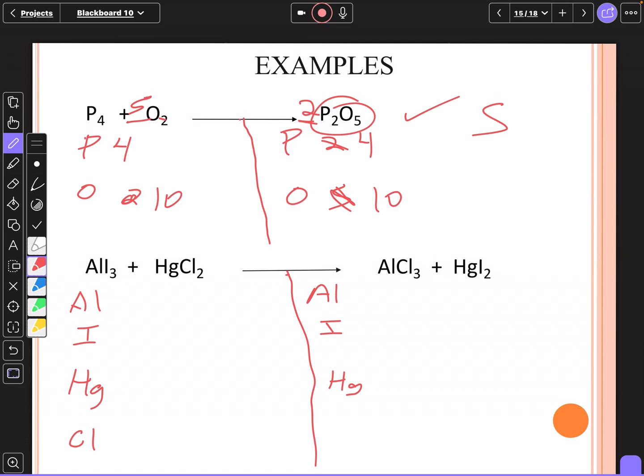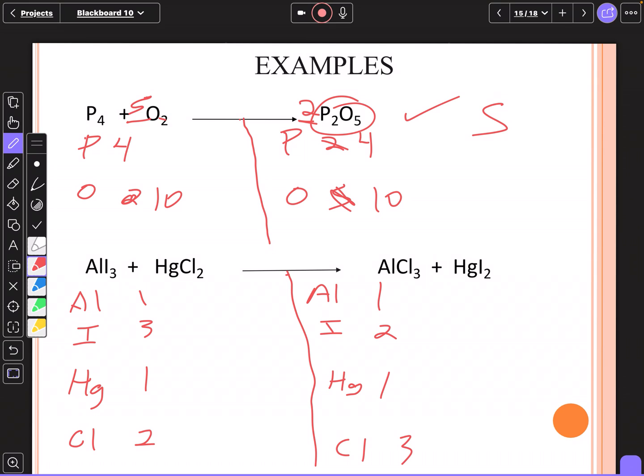On the left, I have 1 aluminum, I got 3 iodine, I got 1 mercury, and I have 2 chlorine. On the right, I have 1 aluminum, 2 iodines, just 1 mercury, and chlorine I have 3.